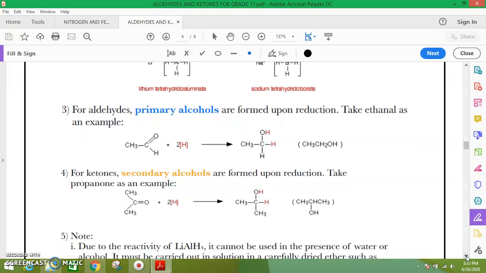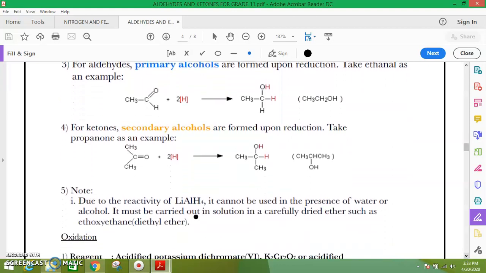So addition of hydrogen to aldehydes or ketones we call reduction. Now note, due to the reactivity of lithium aluminum hydride, it cannot be used in the presence of water or alcohol. It must be carried out in a solution of carefully dried ether, such as ethoxyethane, diethyl ether.